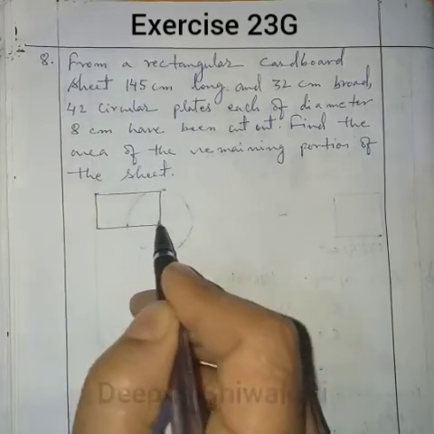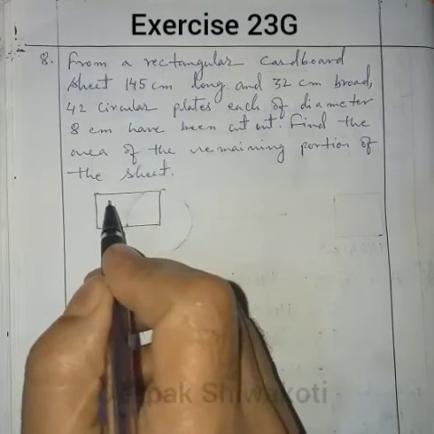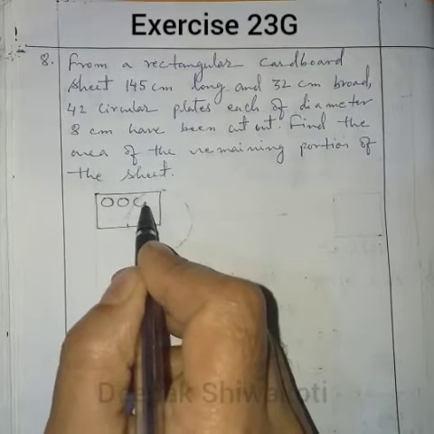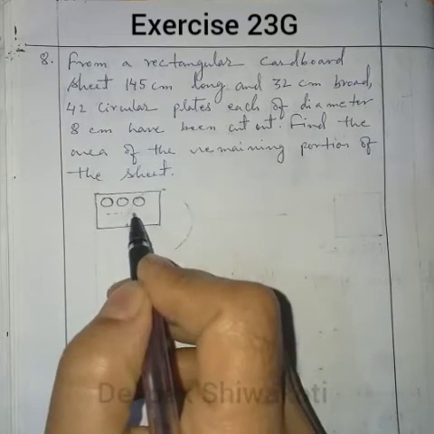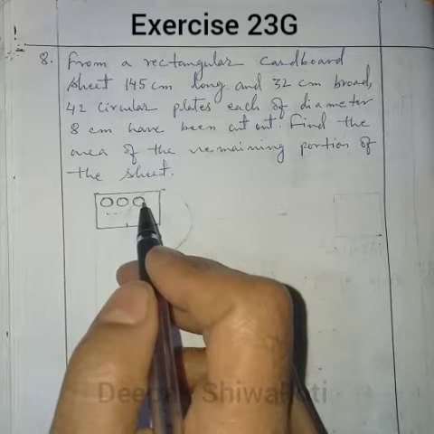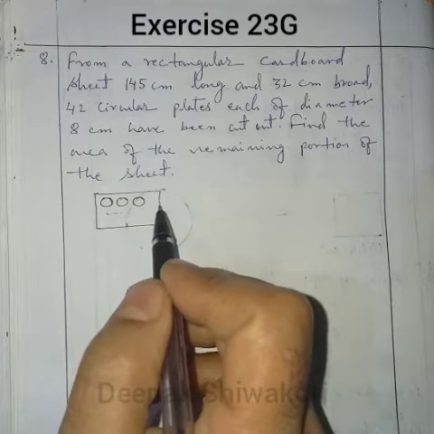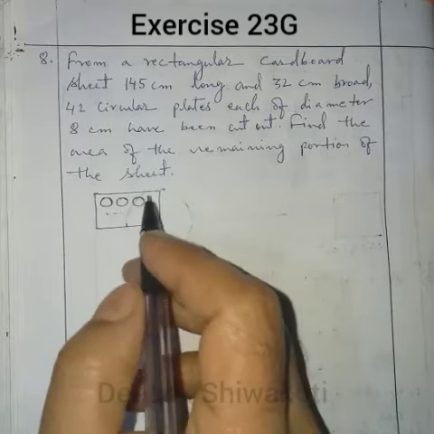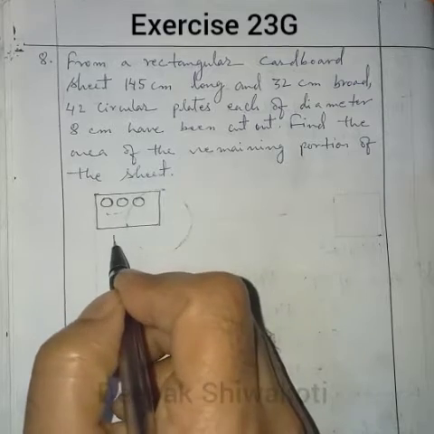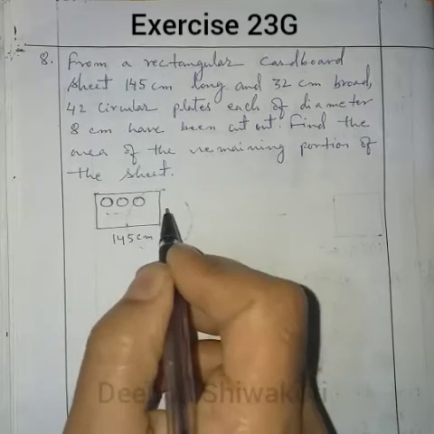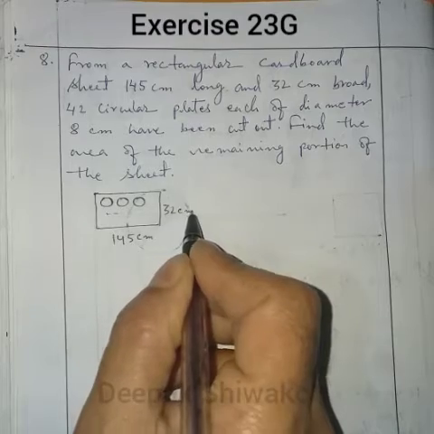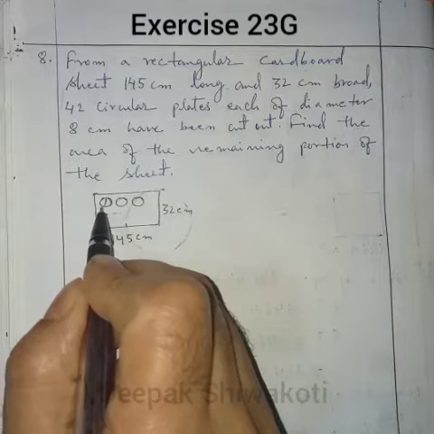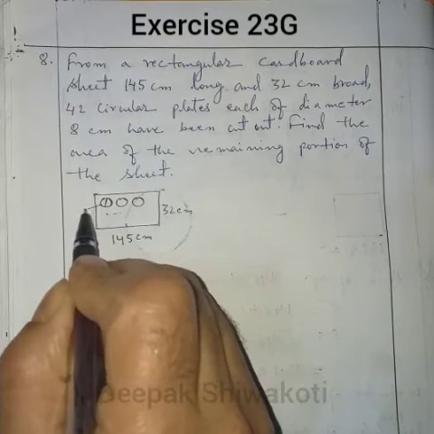From this rectangular cardboard 42 circles are cut, and we have to find the area of the remaining portion of the sheet. The length and the breadth of this rectangle is 145 centimeter and 32 centimeter. The diameter of this circular plate is 8 centimeter.